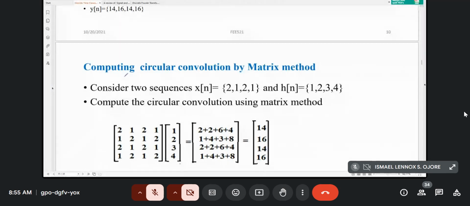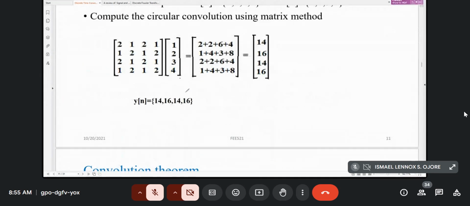But you can also use another method to do circular convolution, which we call the matrix method. You create this matrix, where you are simply sliding.